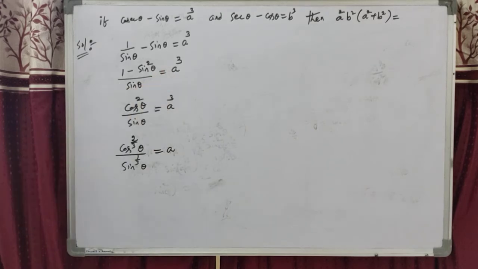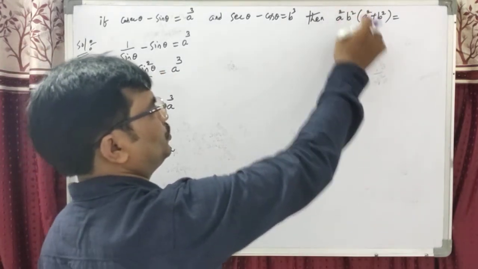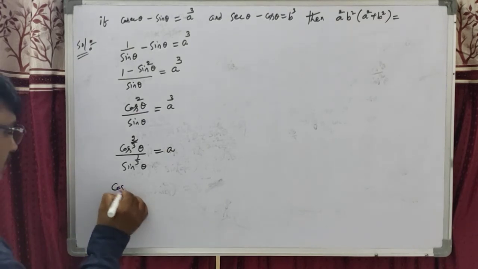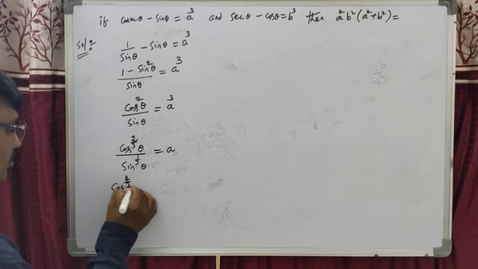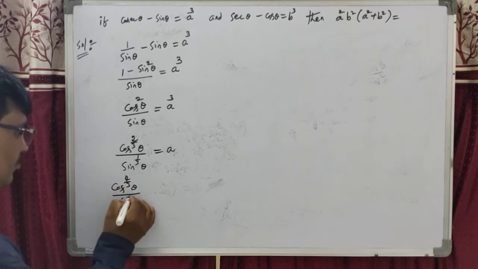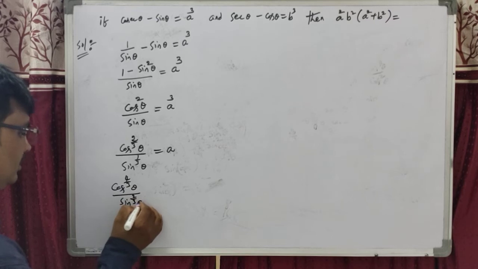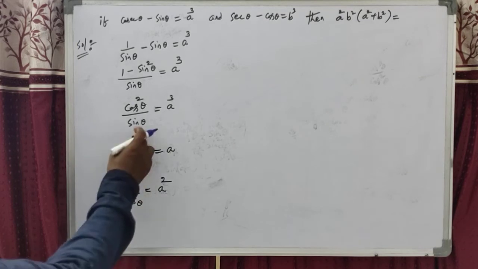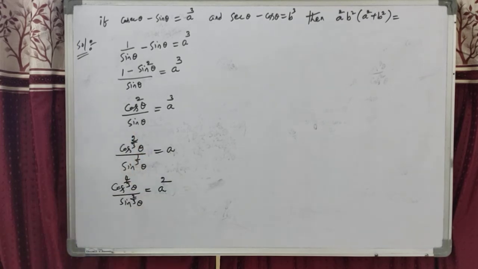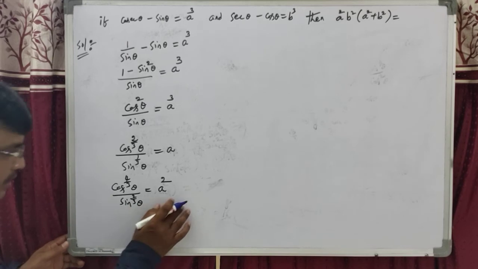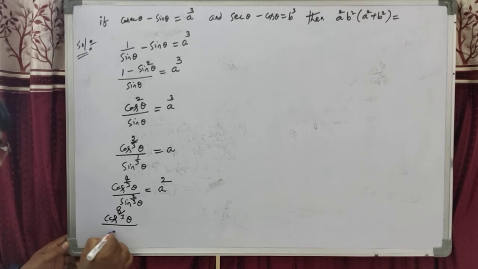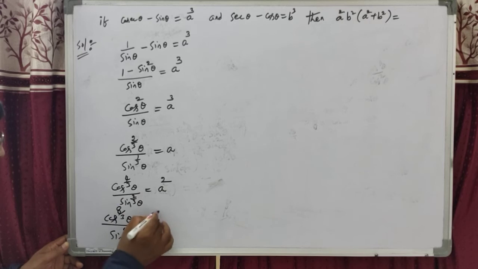Now squaring on both sides, students, you got cos power 4 by 3 theta sin power 2 by 3 theta equal to a square. Again squaring on both sides, cos power 8 by 3 theta, sin power 4 by 3 theta equal to a power 4.